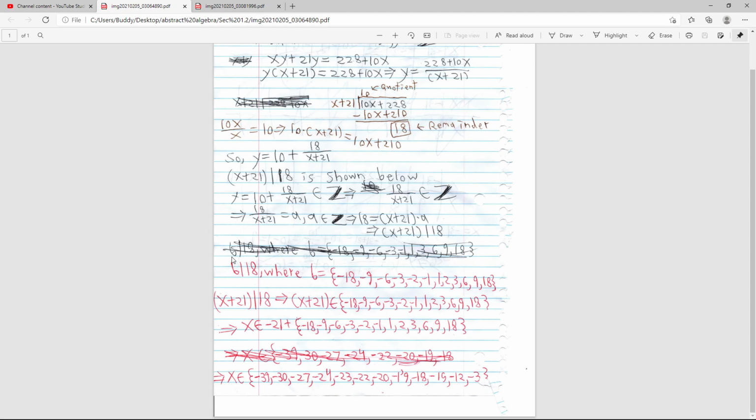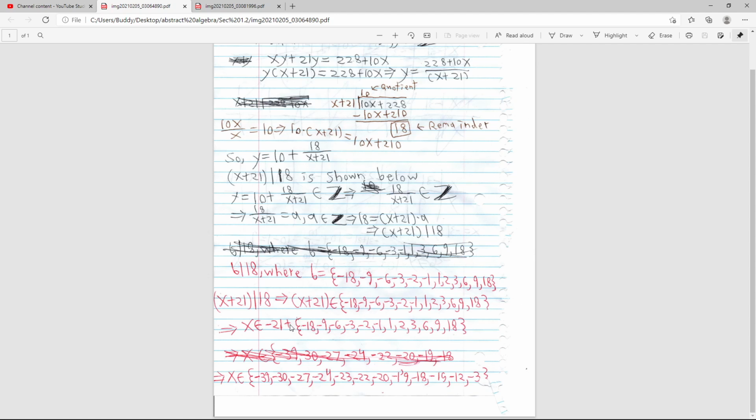And the next of the basically 4-step plan, I call it step 3. b divides 18 where b equals all these numbers. I'm basically trying to find all the divisors of 18 here. And that means x plus 21 divides 18 implies that x plus 21 is in this set of numbers. x plus 21 has to equal one of these numbers from here.